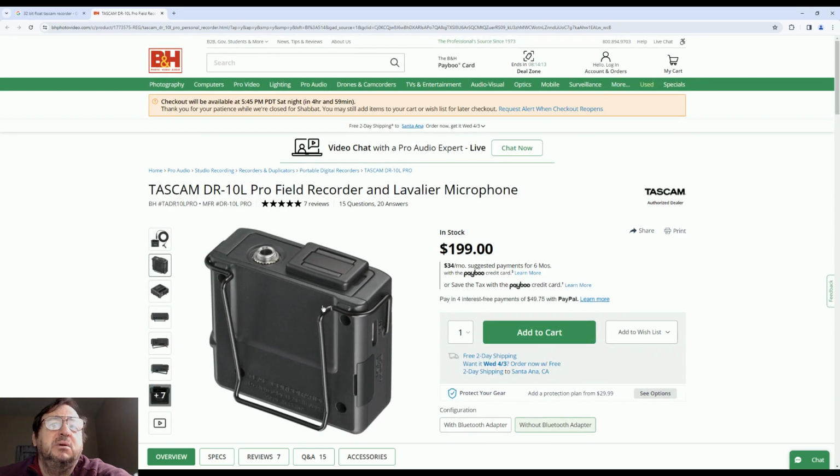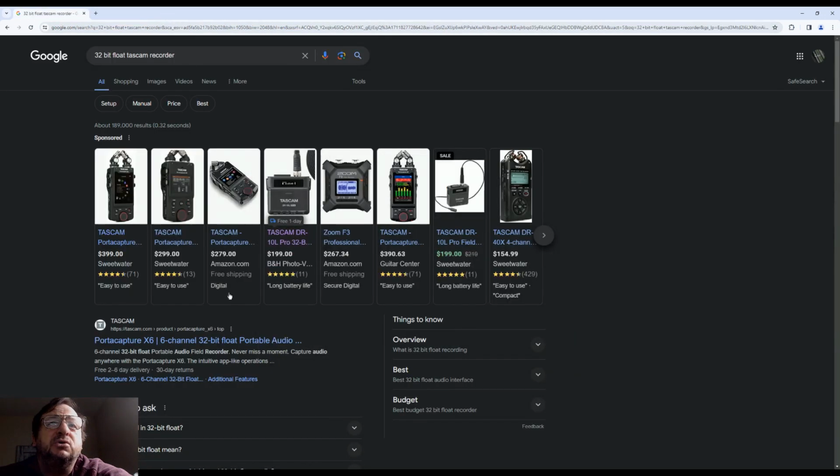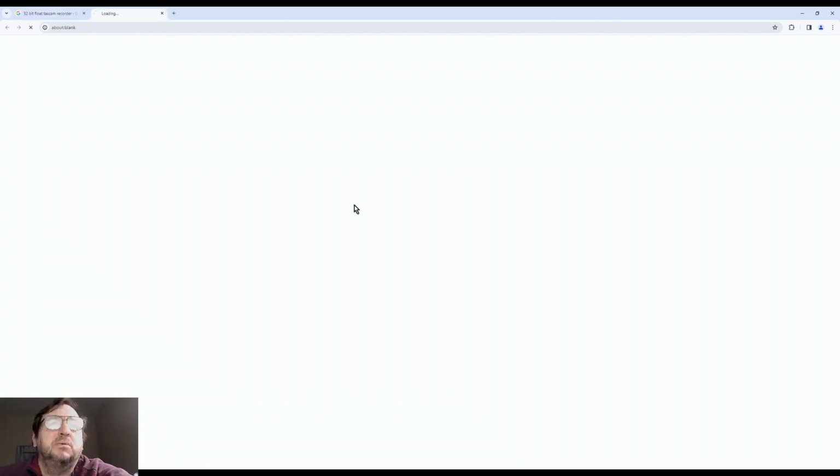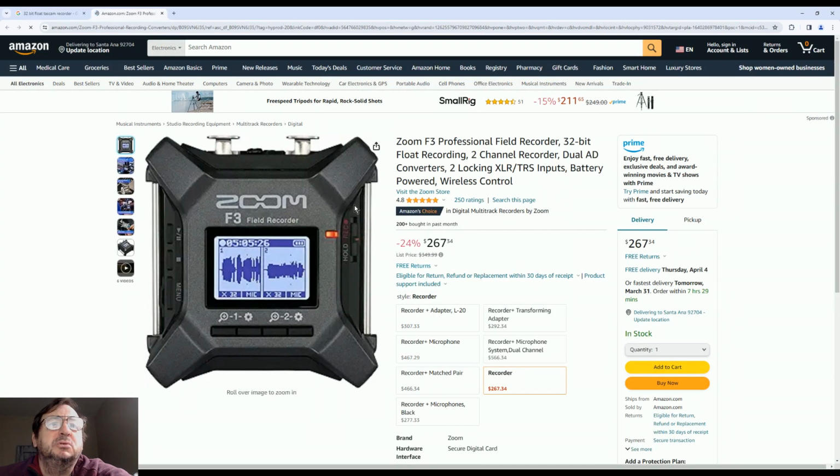So you record on that. At my school actually they didn't talk about this, but they were talking about Zoom, this one. For professional use, this one is 32-bit float, but you can connect this one to XLR. That one is not XLR, that one is a small mic.